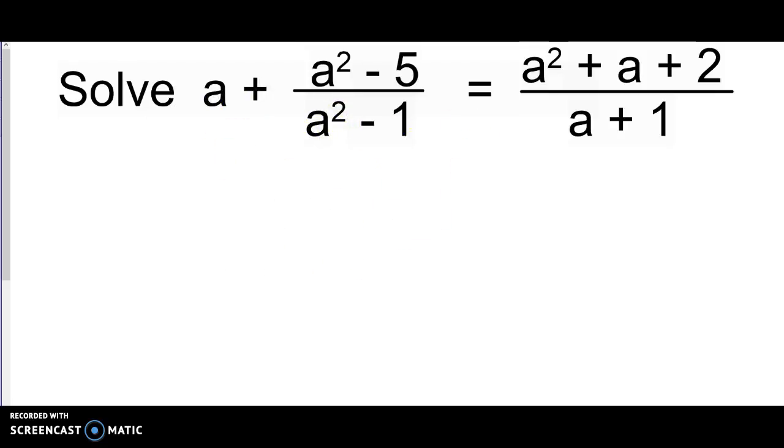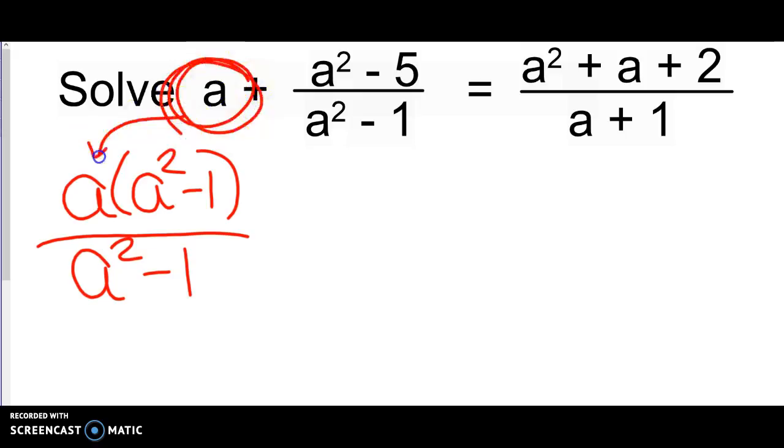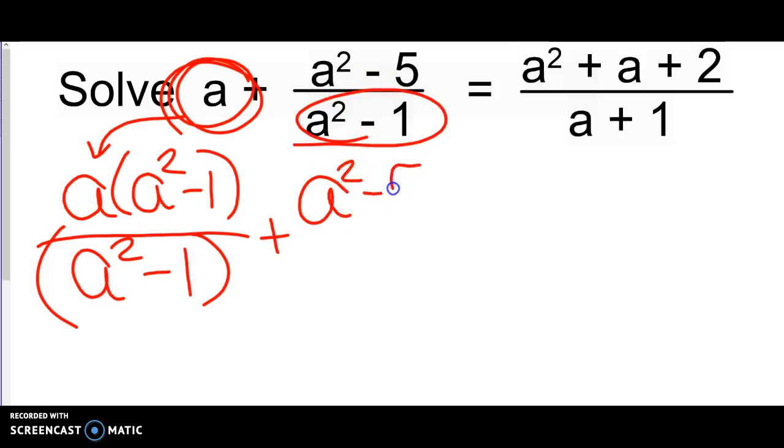So I am going to get everybody to have an a squared minus 1 in the denominator. The very first term was a. I brought that down, and then I multiplied a squared minus 1 on the top and the bottom, which is equivalent to the same as it was. This one is already a squared minus 1, so we don't have to do anything to it.